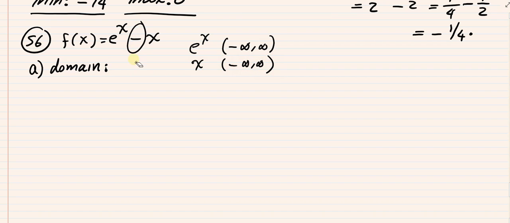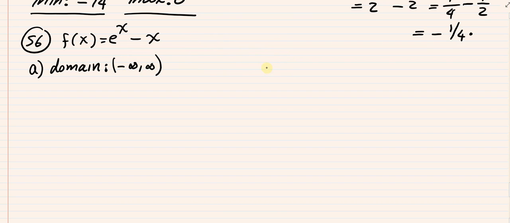And you have a combination of two functions with the same domain. So there you go, that's the domain. That's good. So there are no vertical asymptotes because the domain is all real numbers. It cannot have a vertical asymptote. Okay, let's find the intercepts.